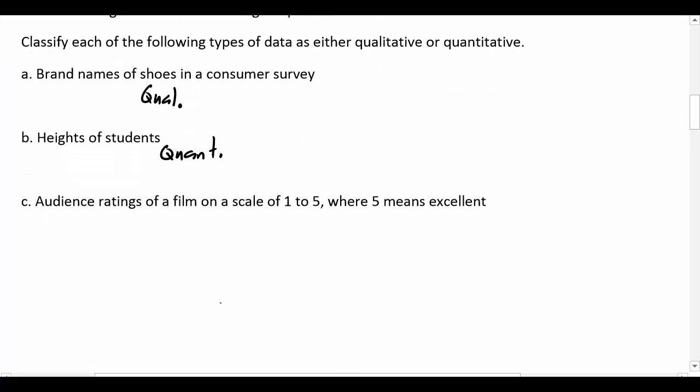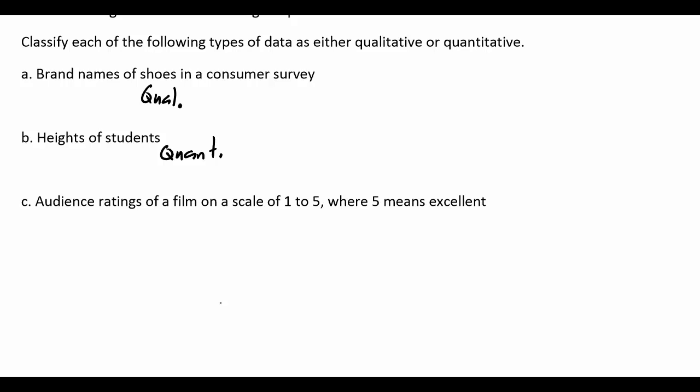Audience ratings of a film on a scale of 1 to 5, where 5 means excellent. Okay, we have to be careful about this one. This is sort of a distractor here. When I ask you to rate the film, you're going to give me a number. Does the number have any value as far as the average goes? If I ask you, what do you think of this film, you would say either excellent, poor, terrible, great.